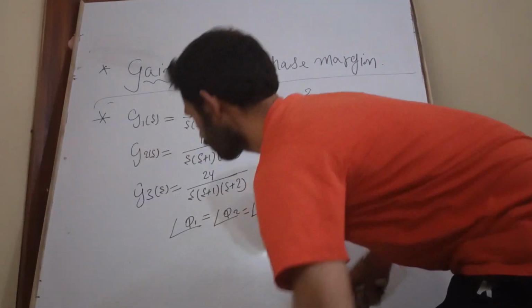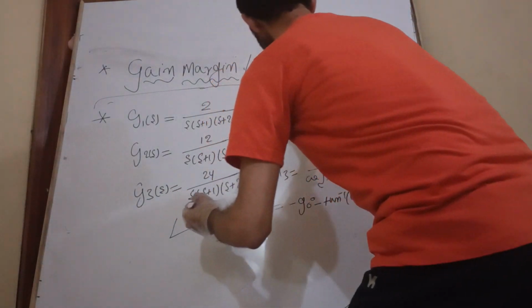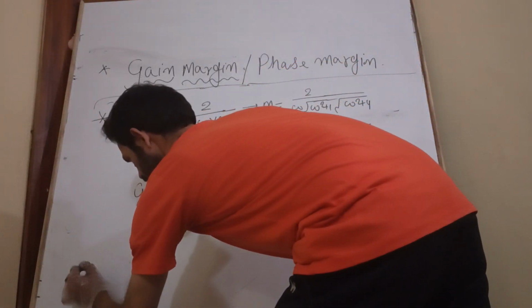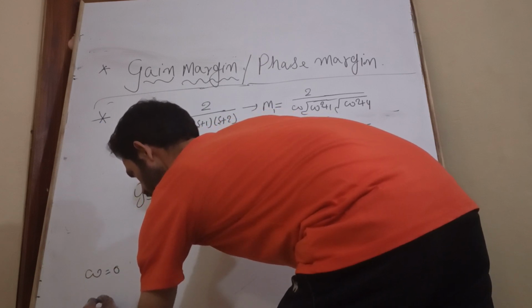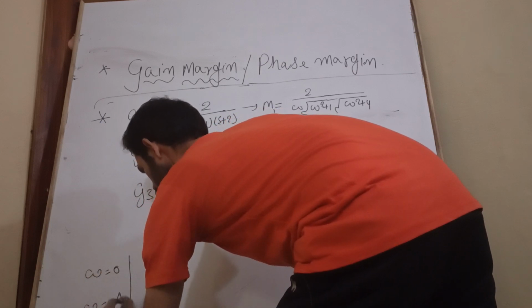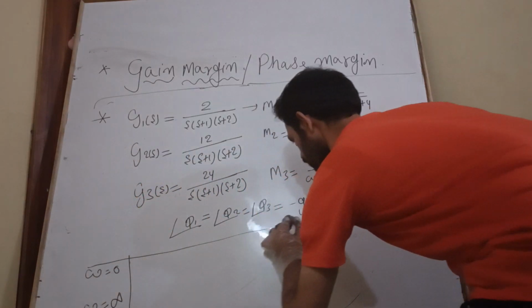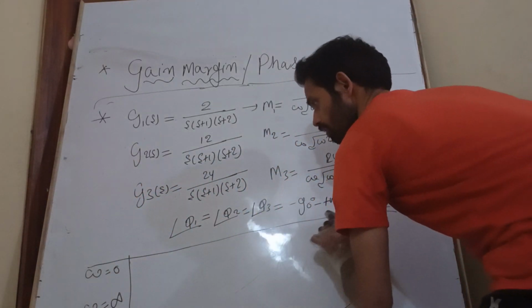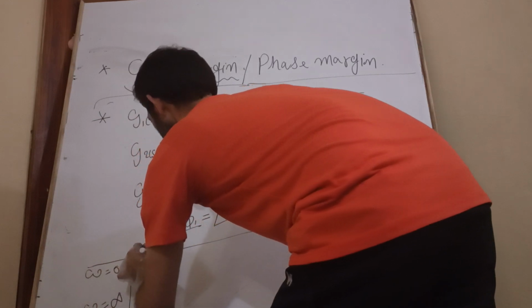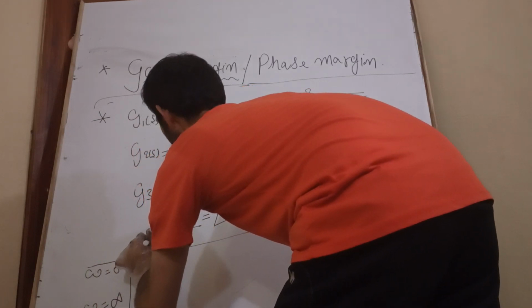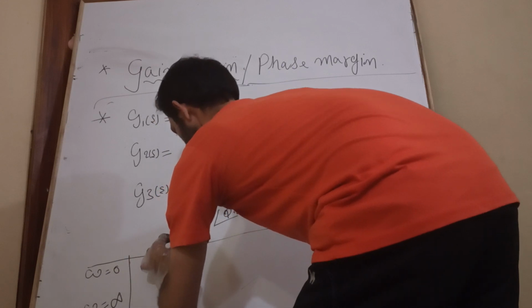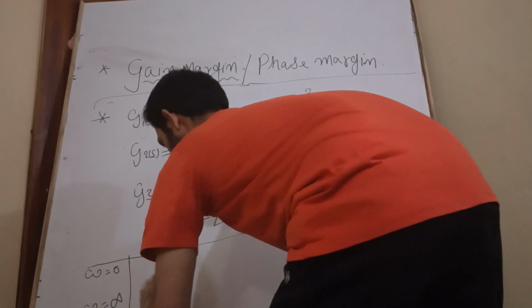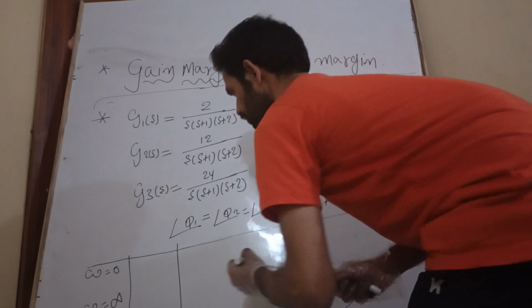Let's see. First we look at M1 at omega is equal to 0 and omega is equal to infinity. Let's see this value first for G1 of j omega, G2 of j omega.